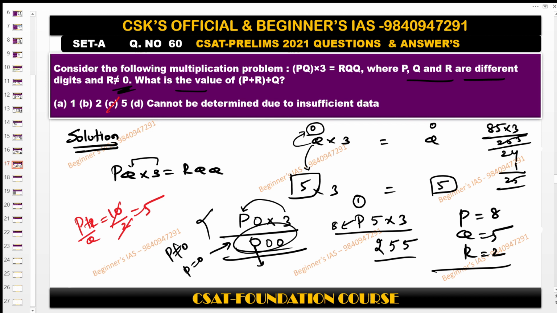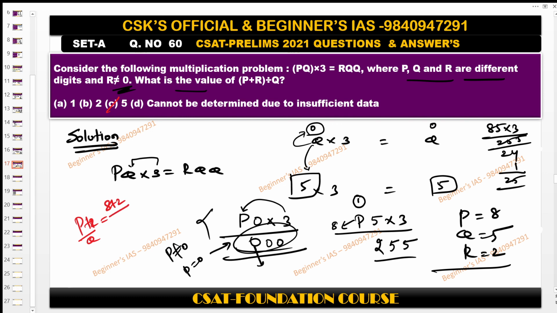Anybody having a doubt? Please clarify now itself if you are having a doubt. So Q is 5 now. Sir, P plus R is 8 plus 2, 10, sir. Wait, 2 will be the answer.